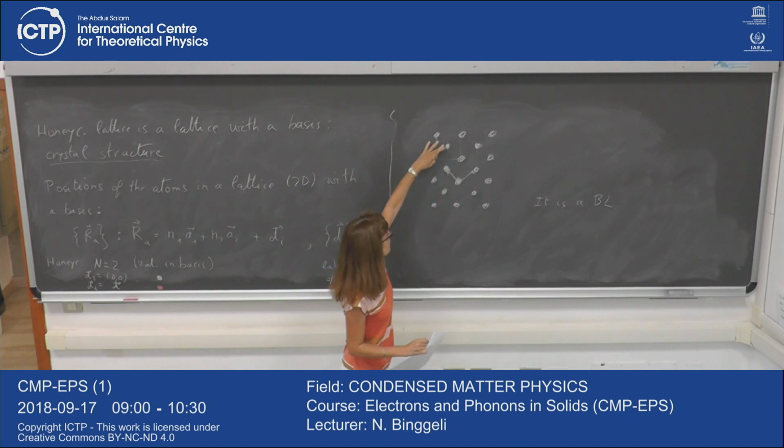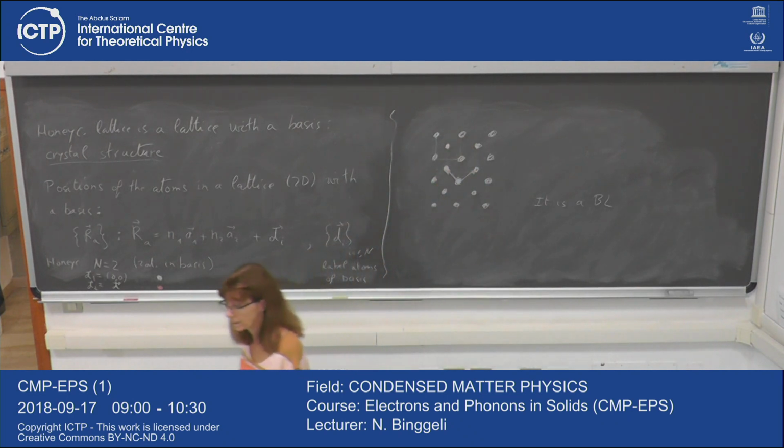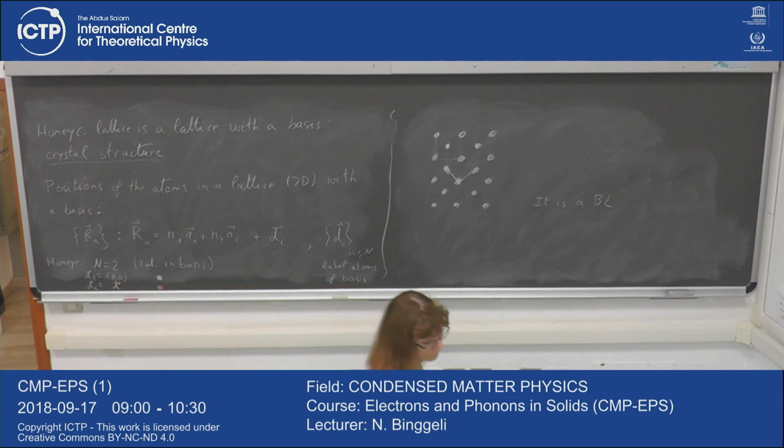And from there, I generate the full set of points. So I can also view it in a different way, as a crystal structure with two atoms in the basis.